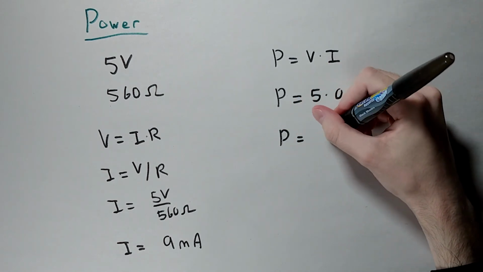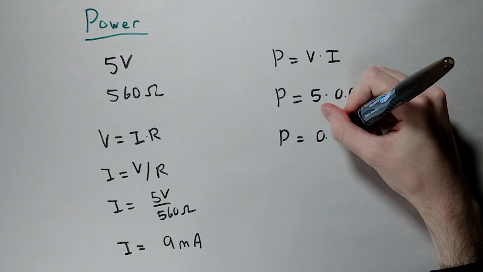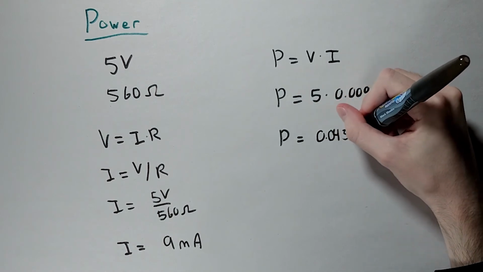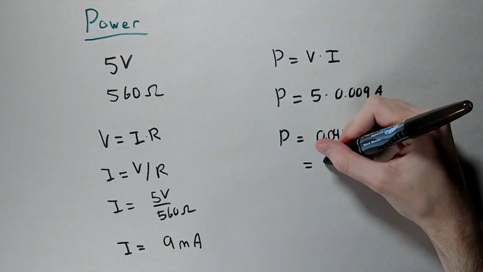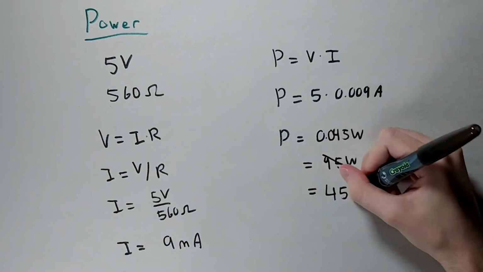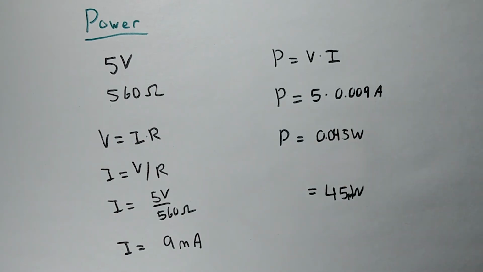And we end up having our power is equal to 45 milliwatts. The resistor here is going to be burning this much heat, resisting that current flow trying to go through the resistor. So you could say this valve is heating up, making this much heat, trying to resist the flow of water that's going through it.